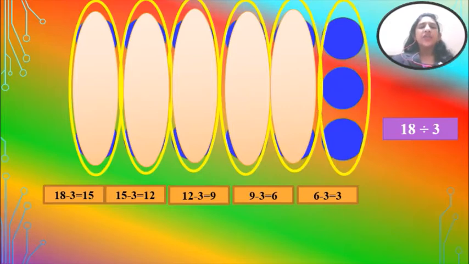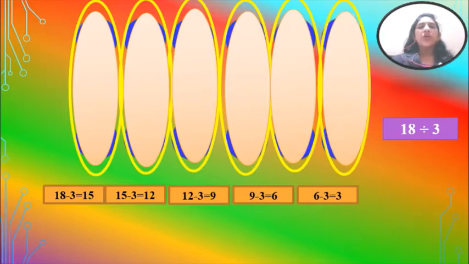And if I give this group of 3 circles also to another student, then I will be left with 0. So you see children, I have subtracted 3 repeatedly.